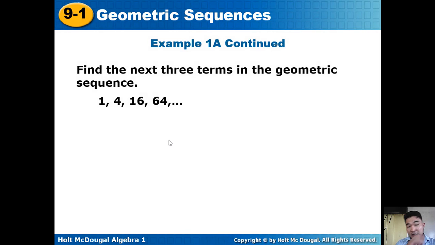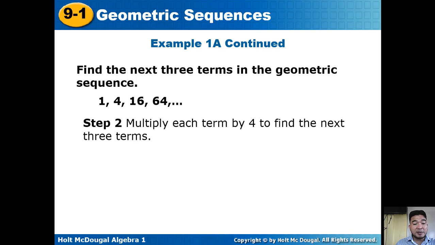Example 1 continued. Find the next 3 terms in the geometric sequence. After getting the common ratio, which is 4, we can now identify the next 3 terms. We multiply each term by 4 to find the next 3 terms. So 64 times 4 is equal to 256.